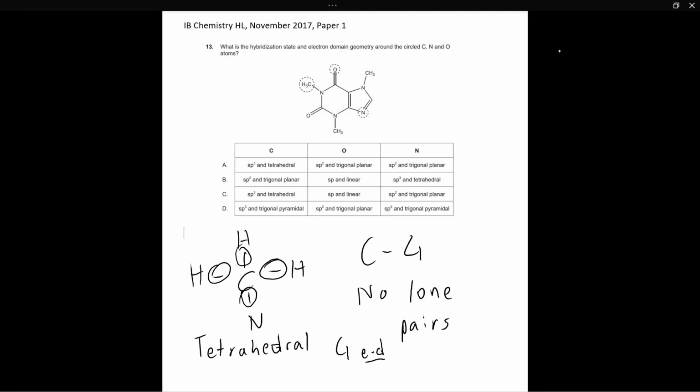Now that we found the electron domain geometry, we have to find out the hybridization state. And I'm going to show you a very easy way to find it. The hybridization state can be found by directly looking at the number of electron domains. If there are 4 electron domains, the hybridization is going to be sp3. Why is it going to be sp3? Because you have 4 electron domains. That means the carbon needs 4 hybridized orbitals which can engage in bonding.